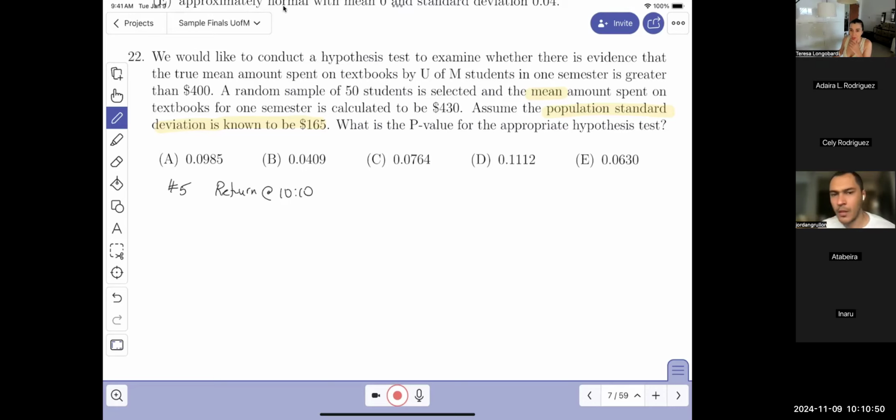Okay, I'm back. How'd it go? Did you finish? Need more time? Carla finished.